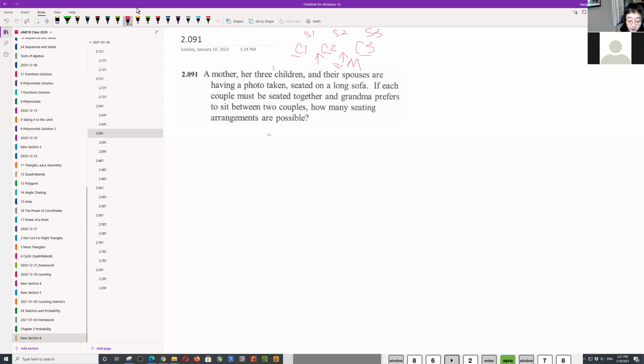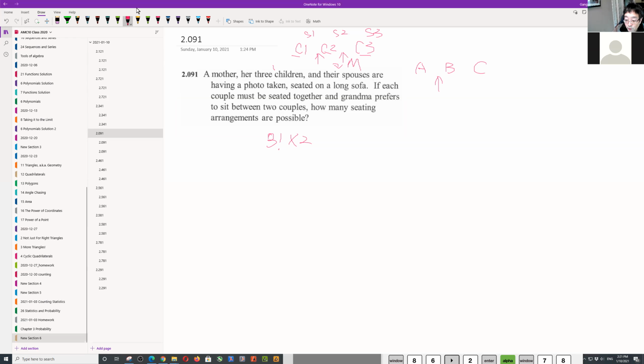There are 3 factorial ways. Let's say ABC is arranged, and you have 6 ways to arrange those 3 couples. And then once a single arrangement is picked, the mother could have 2 positions, so it's going to be multiplied by 2. Then basically the whole arrangement is set.